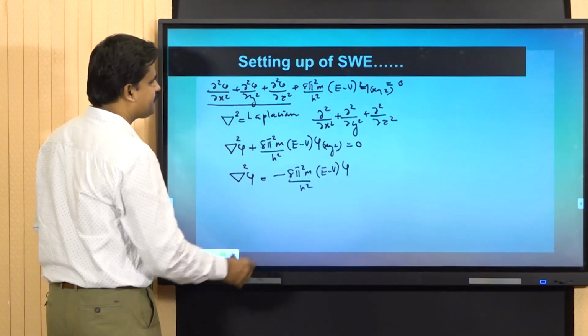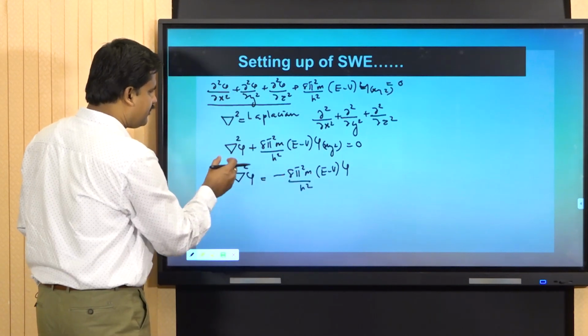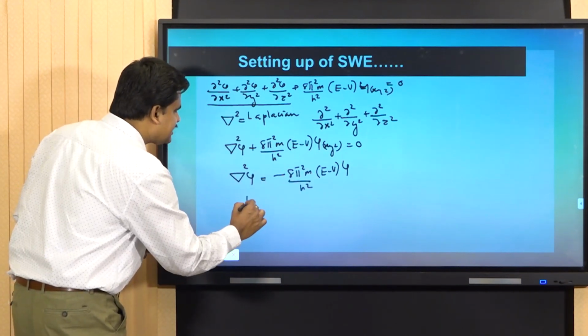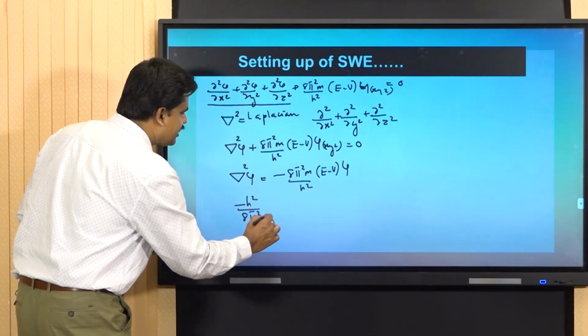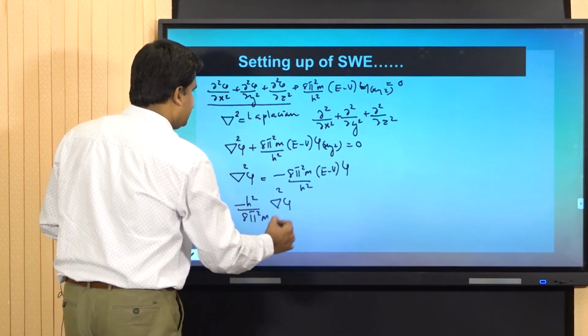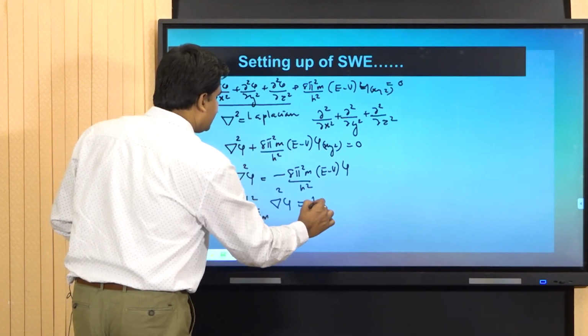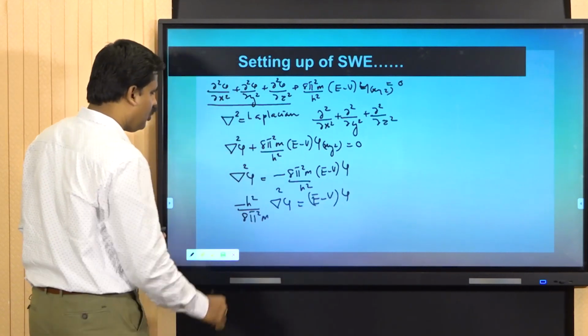This is the term. And I can change these parameters to the left side, that is minus h square by 8 pi square m del square psi equal to E minus V into psi.